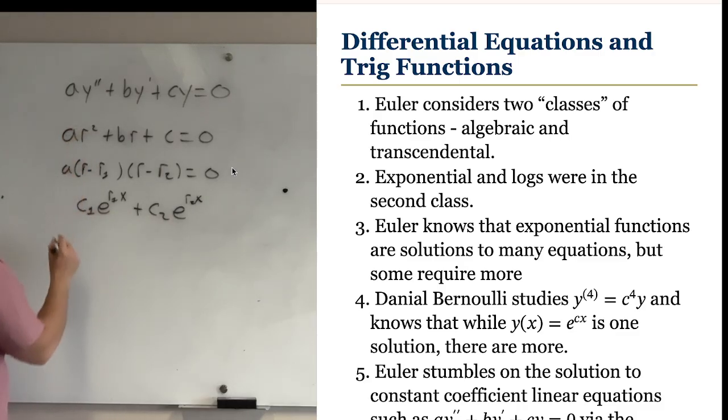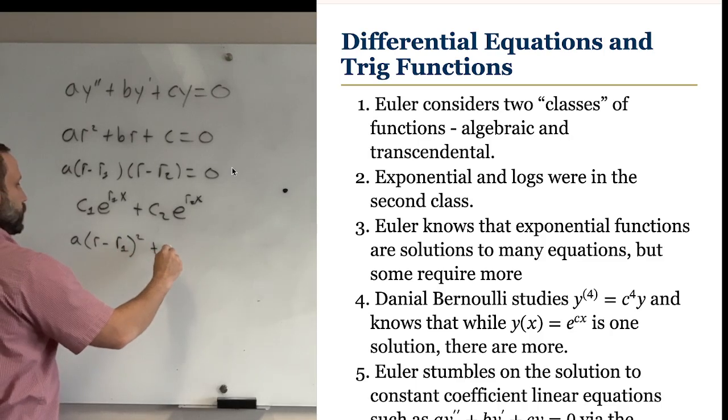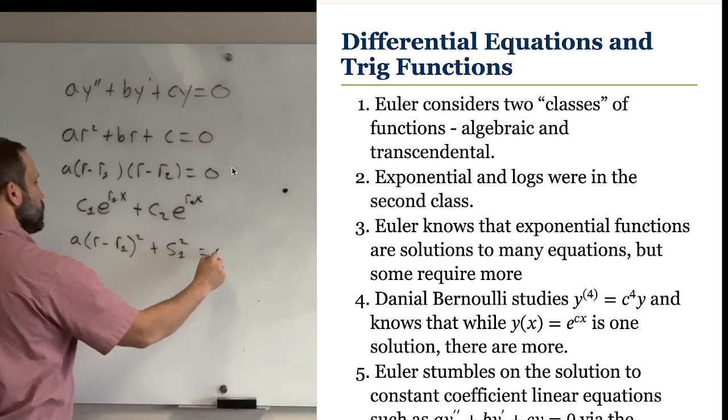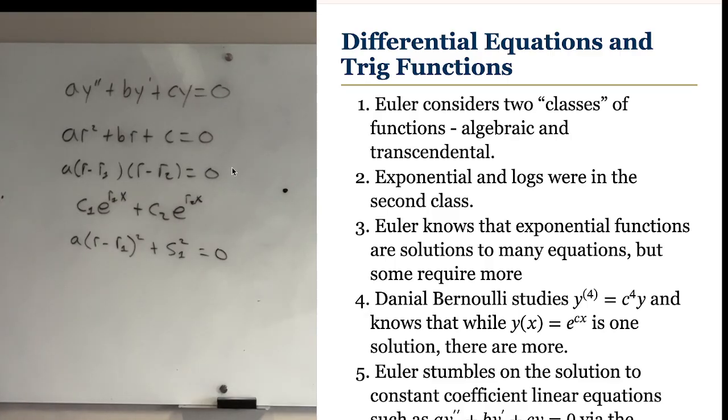On the other hand, if this is equal to a times (r minus r1) squared plus s1 squared equals 0, so in other words, if we have it written in this form right here, and let's just assume that a is equal to 1 for now to make some of the algebra a little bit easier, then I'm going to have the solution written in this form.